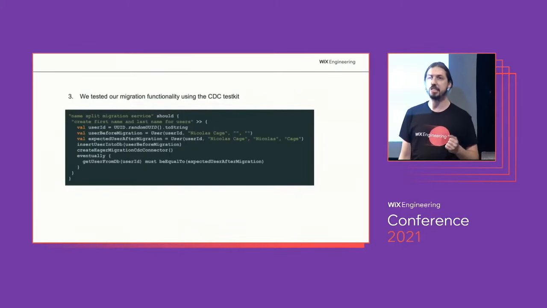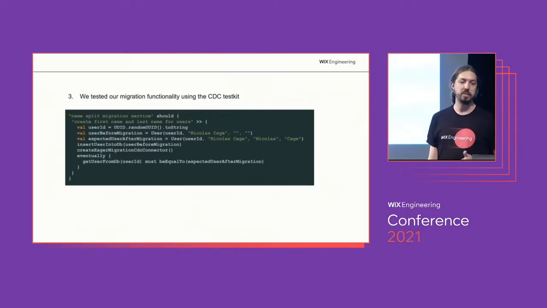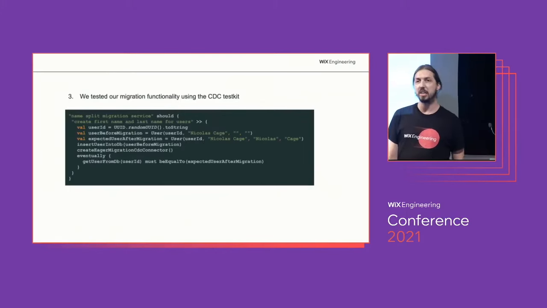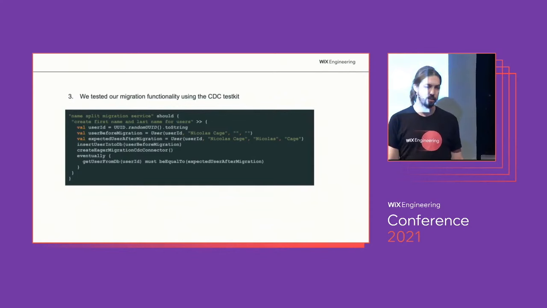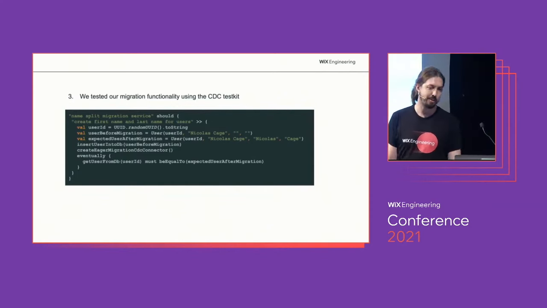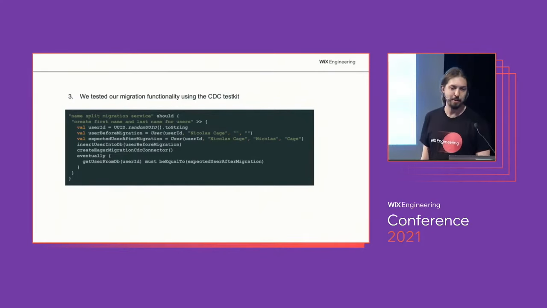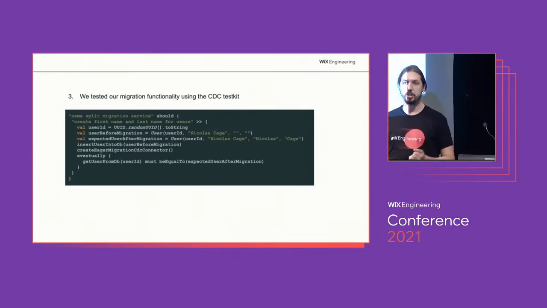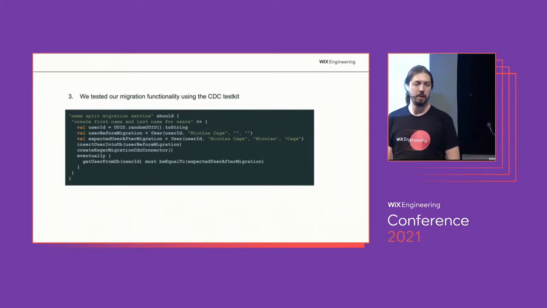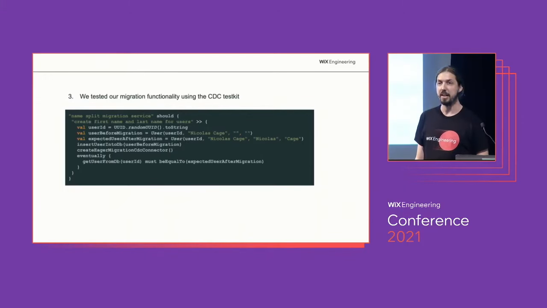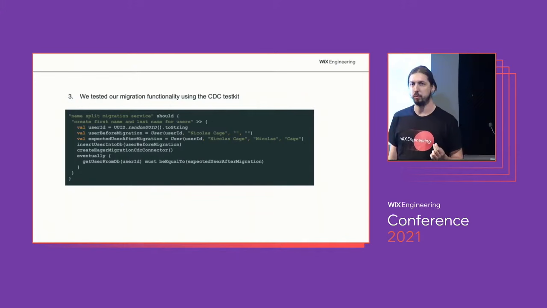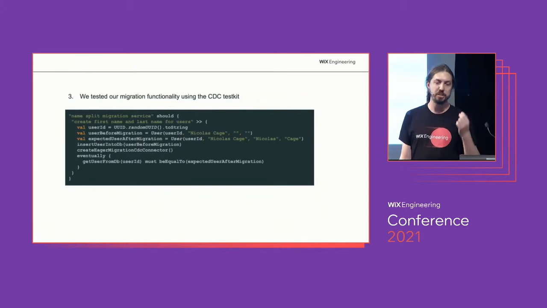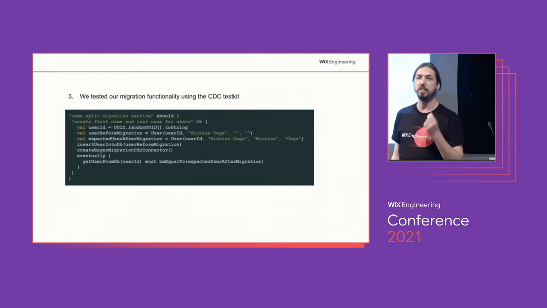Here, this is the test for migration, which in this case is also a simple test. We insert a user to the database. In this case, it's Nicolas Cage, because everybody likes that guy. And we expect him to be eventually populated with Nicolas and Cage as the first and the last name. That's what we want to test. And exactly as in production, where we created the connector and streamed the information from the database, we also do it here behind the scenes.